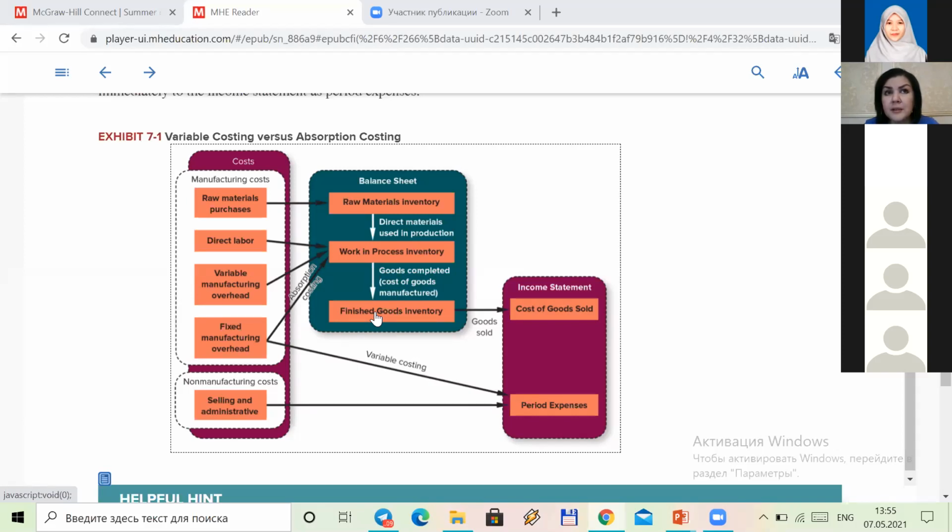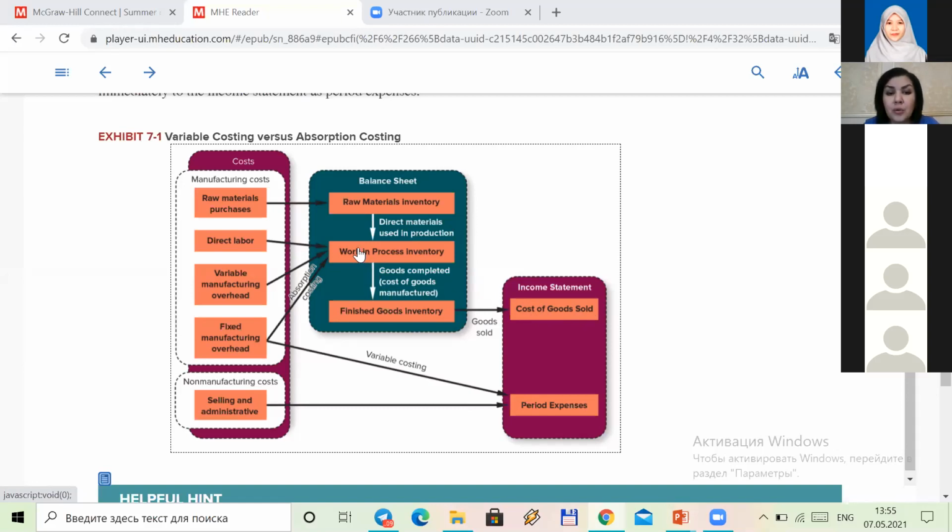When the company sells finished goods, then the cost of these finished goods will be shown in the cost of goods sold account. And this account goes to the income statement.